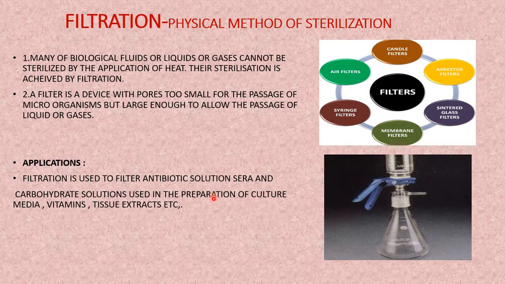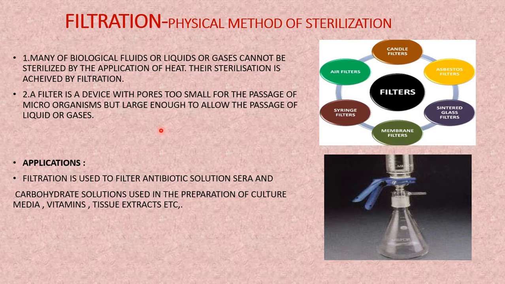Why do we do filtration? It is useful to filter antibiotic solutions, sera, and some carbohydrate solutions, mainly used in the preparation of culture media, vitamins, tissue extracts, etc. These substances cannot be sterilized by applying any heat, either moist heat or dry heat, so the other option we should follow is filtration.